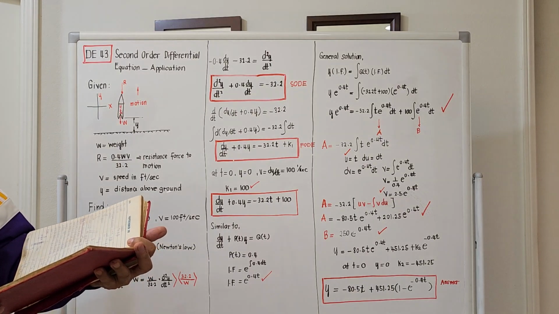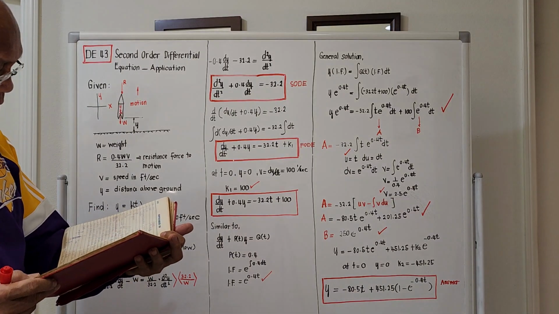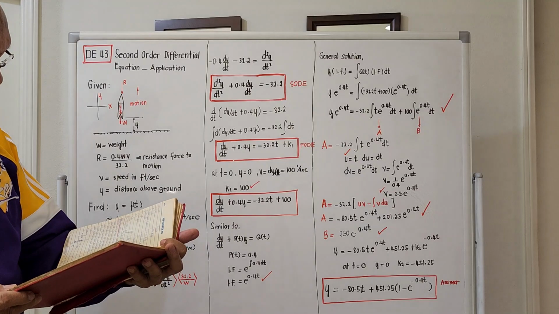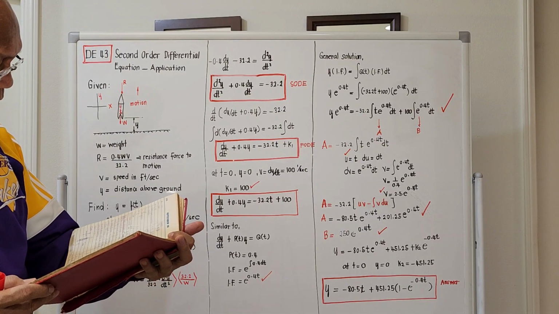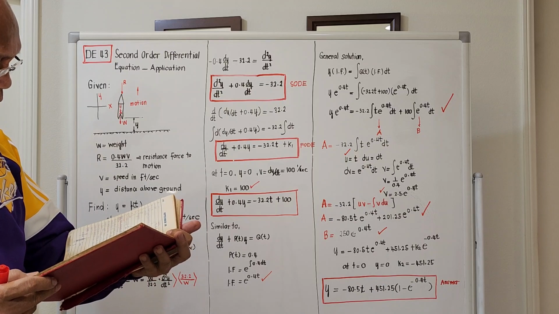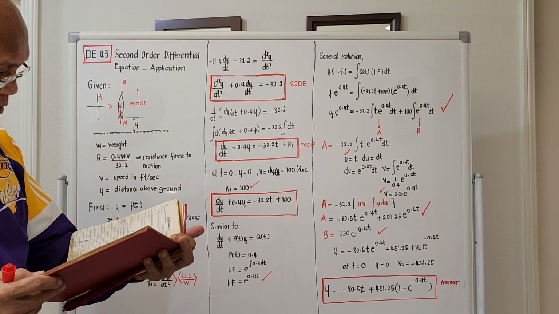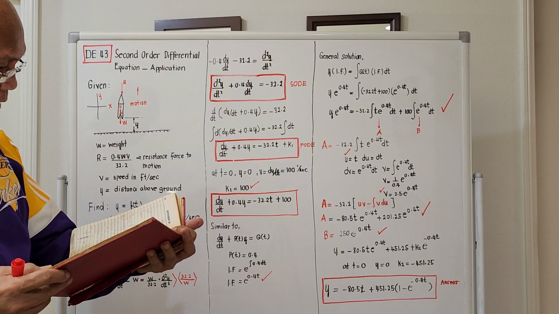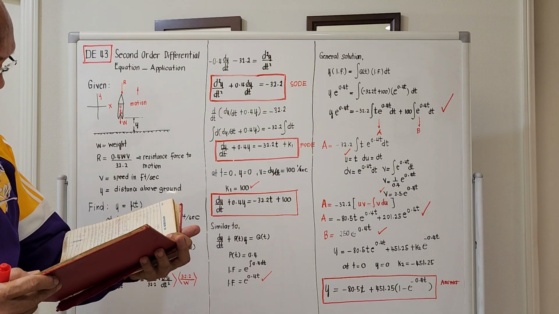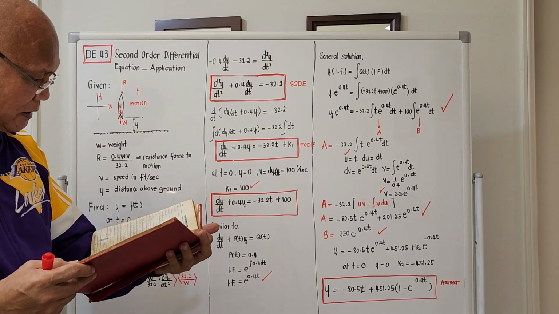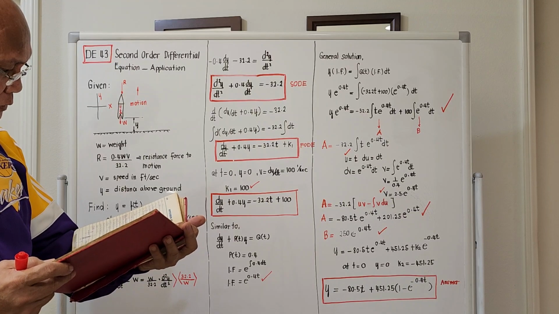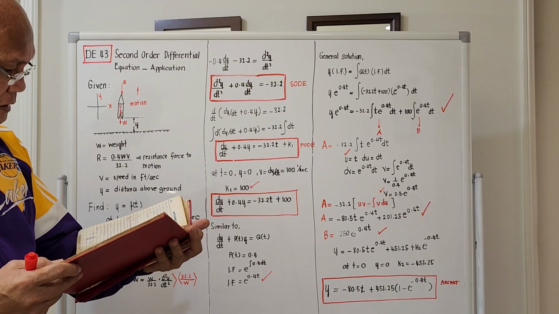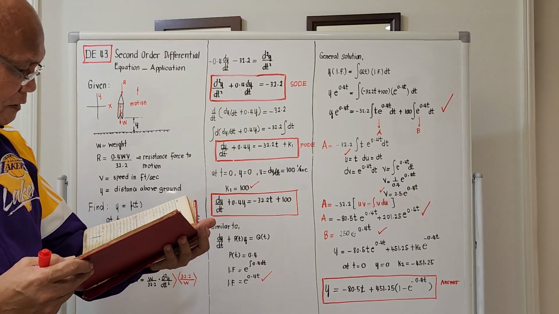A body of weight W pounds moves vertically under the force of gravity and under the action of a force opposite to the direction of motion, equal numerically to 0.4 over 32.2 WB, where B is actually the speed in feet per second.